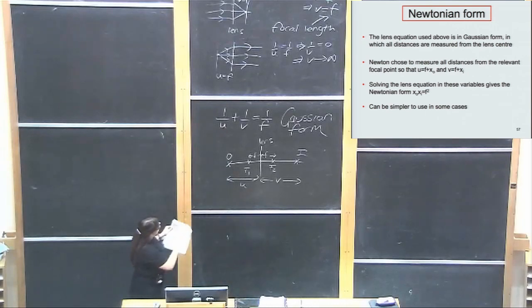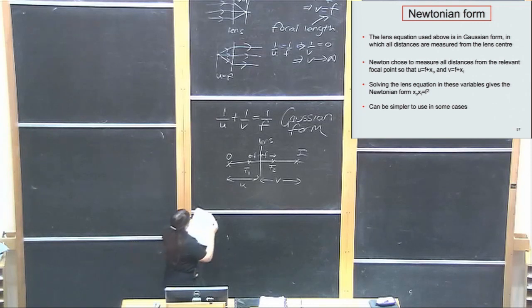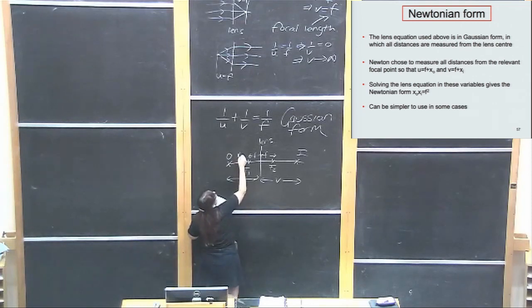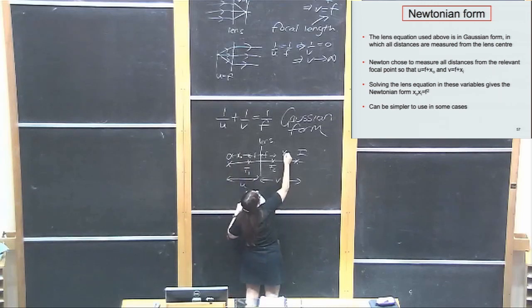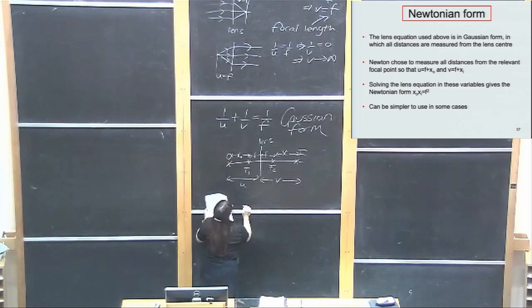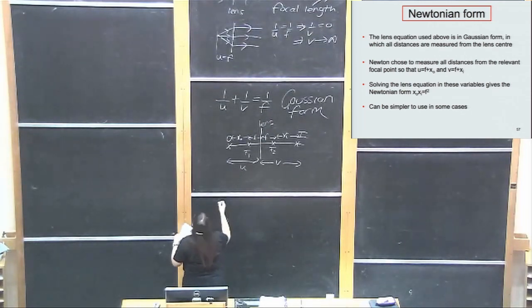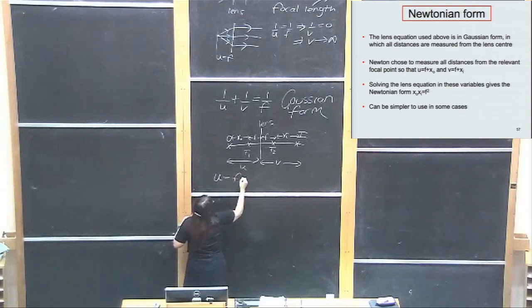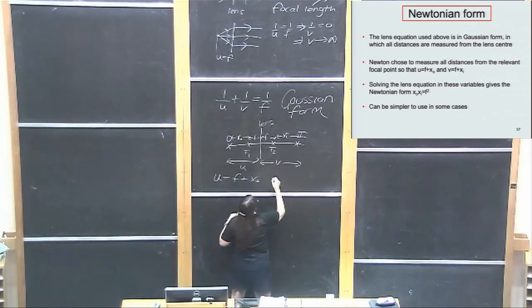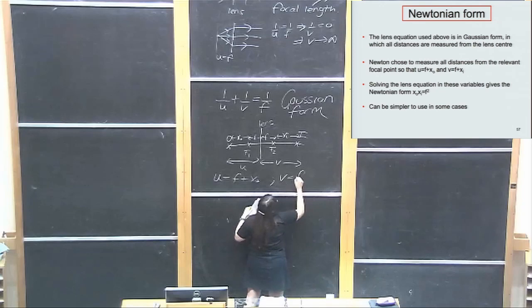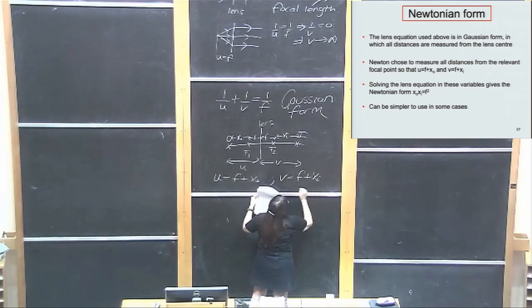Okay, so that's the Gaussian form of the lens equation, but then Newton decided that instead he was going to measure distances of objects and images from the nearest relevant focal point instead. So he measured objects and images like this, so that we had the relationship u equals f plus x0 and v equals f plus xi.